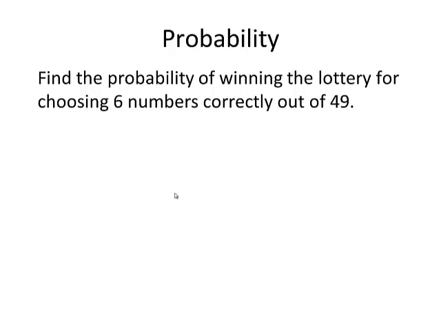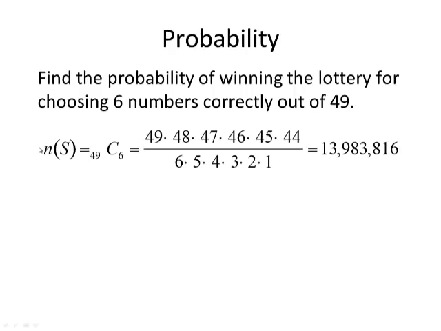Okay, so since it's a probability and the order does not matter which way you pick these numbers, we can use this combination notation. You have 49 numbers and you're going to choose 6 of them in a combination.